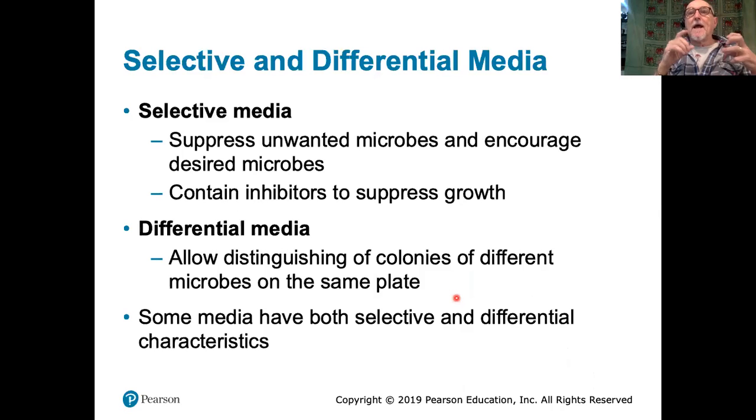Okay, so let's think. We've heard now about the defined media and the complex media, but we can design our media to do various things for us. And remember that in a clinical laboratory, very often you are going to start out dealing with samples which are a mixture of bacteria.